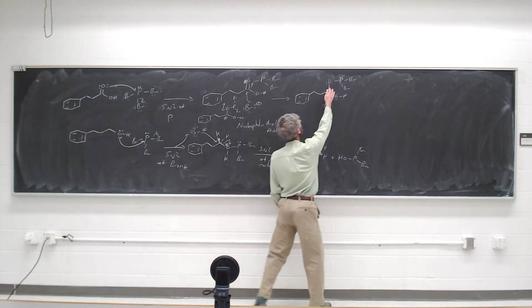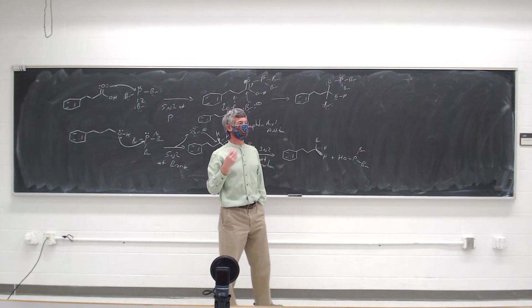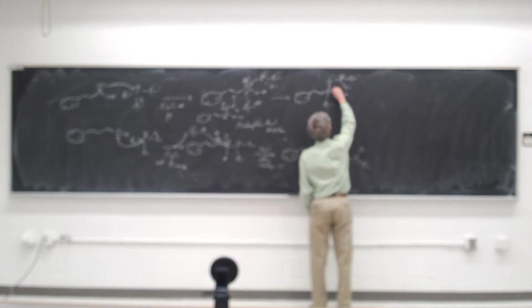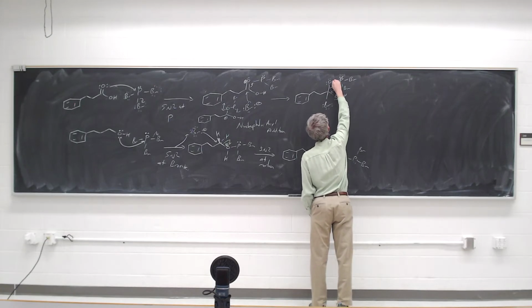This is still a pretty good leaving group, even as PBr2O minus. So that oxygen can come in and actually displace it.